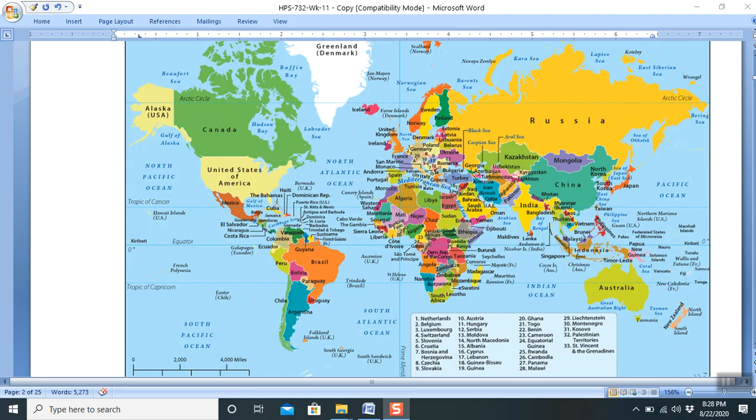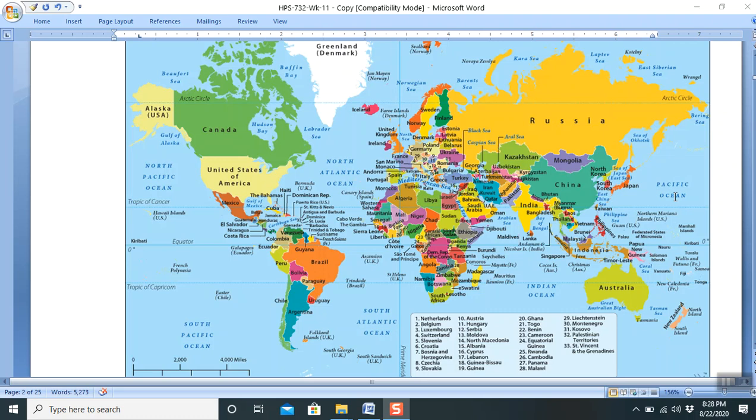Well, right on the right side is the Pacific Ocean. Clear?